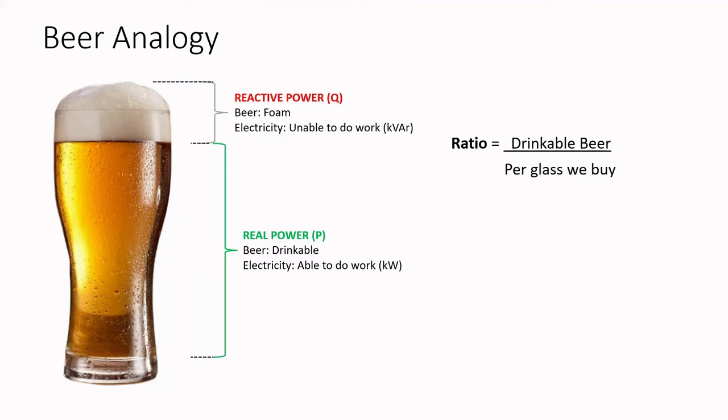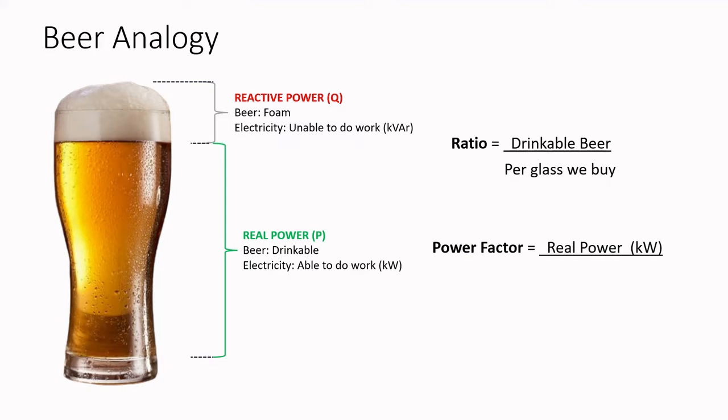Keeping it simple, within the whole glass, the more liquid beer we have, the less foam there will be, which is getting more value for the same cost, just by realizing the ratio of the liquid beer to the whole glass. The same concept applies to AC circuits.